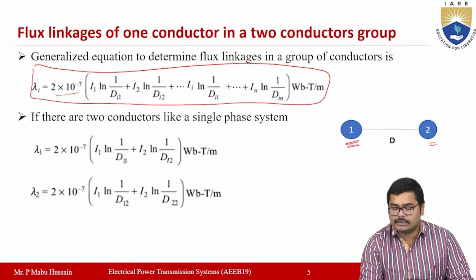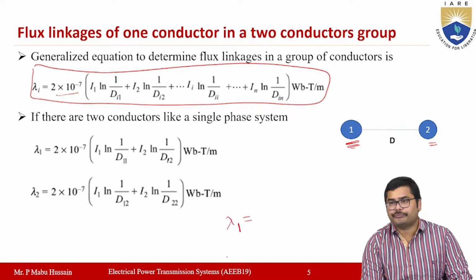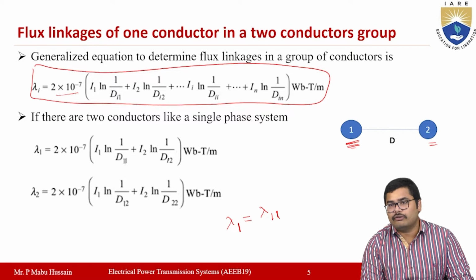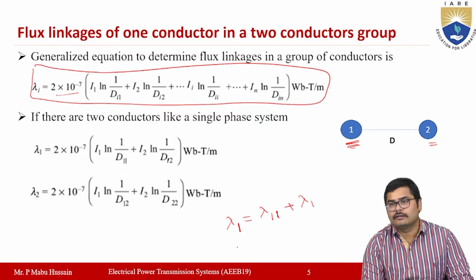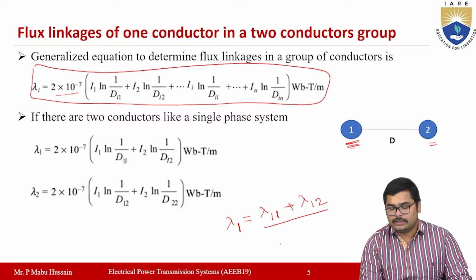then for the flux linkage of the first conductor, how can you write it? So the flux linkage of the first conductor will be equal to the flux linkage of the first conductor due to current flowing in the same conductor, which is lambda 1, plus the flux linkage of the first conductor due to current flowing in the second conductor. Okay, so this is the total flux linkage.